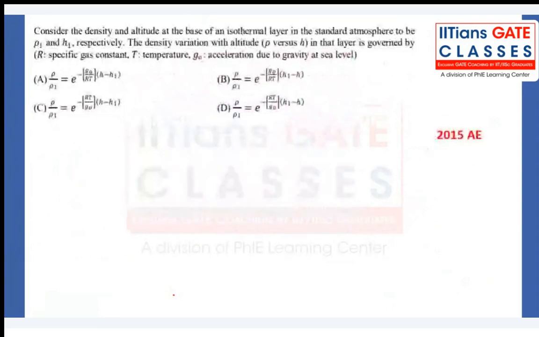Now, when you see this particular question, consider the density and altitude at the base of an isothermal layer as rho 1 and h1. The density variation in the layer is governed by which law, right? So what will be the answer for this question? That's pretty straightforward, because we have seen the pressure variations, and pressure is directly proportional to density.